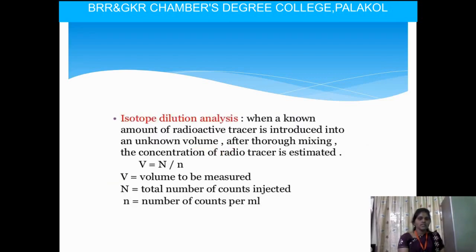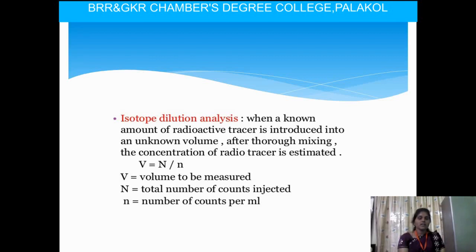The next one is isotope dilution studies. So here we can know an unknown volume or concentration. For example, if we take plasma, okay, so it is present in our blood. We have to know the volume of the plasma. We can dilute it, and after mixing, the concentration of radiotracer is estimated.